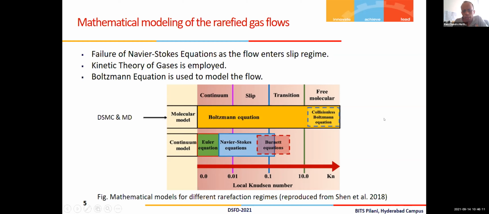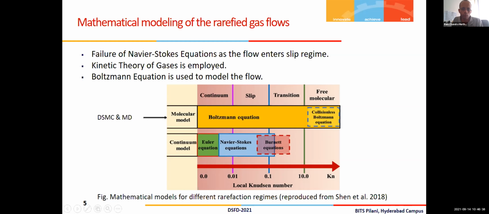So the underlying physics behind all this is the kinetic theory of gases, where the particulate nature of the gas is studied and the physical properties are extracted based on the statistical nature of the gas flows. And the Boltzmann equation is used to model the flow for all the flow regimes because it holds for all the flow regimes.